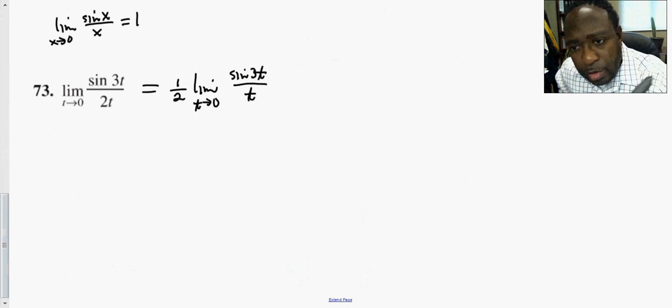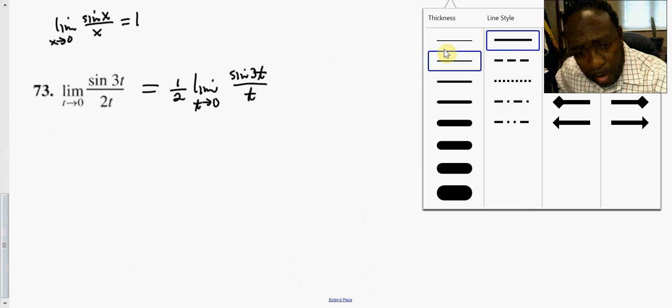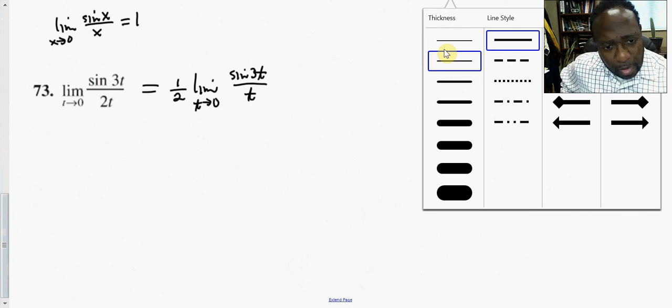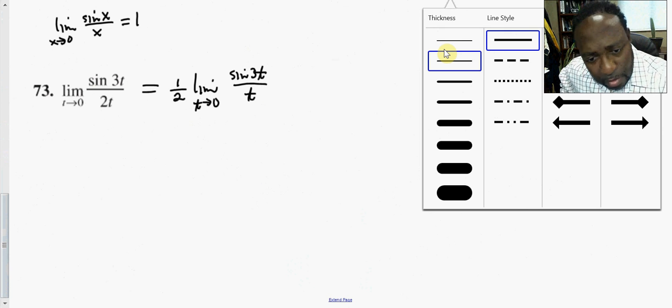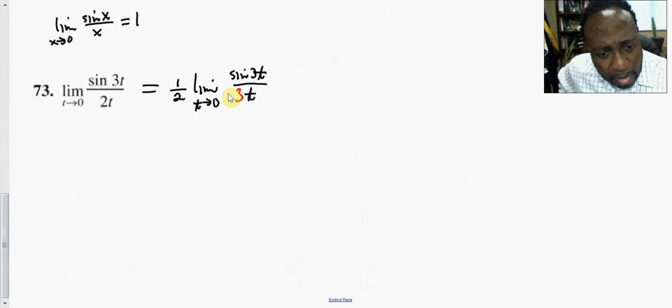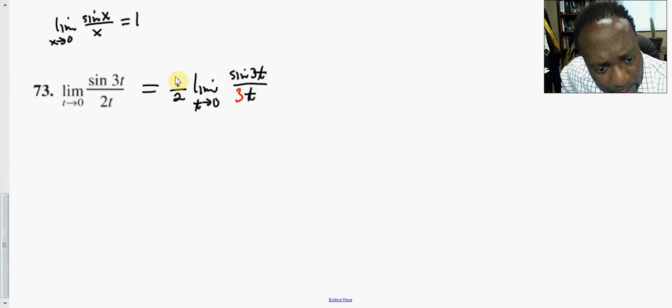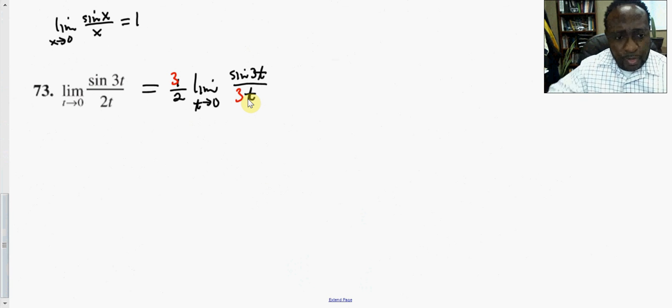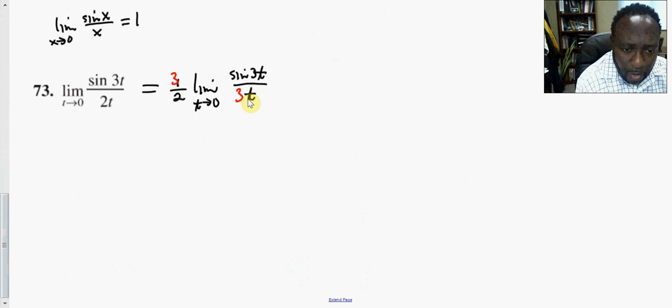So what I'm going to do is multiply by a sophisticated 1, and the sophisticated 1 would be 3 divided by 3. And so we're going to say a 3 here downstairs, then we're going to put a 3 here upstairs. So 3 divided by 3 is 1, right? So if that be the case, I have not harmed any lab animals in this process.